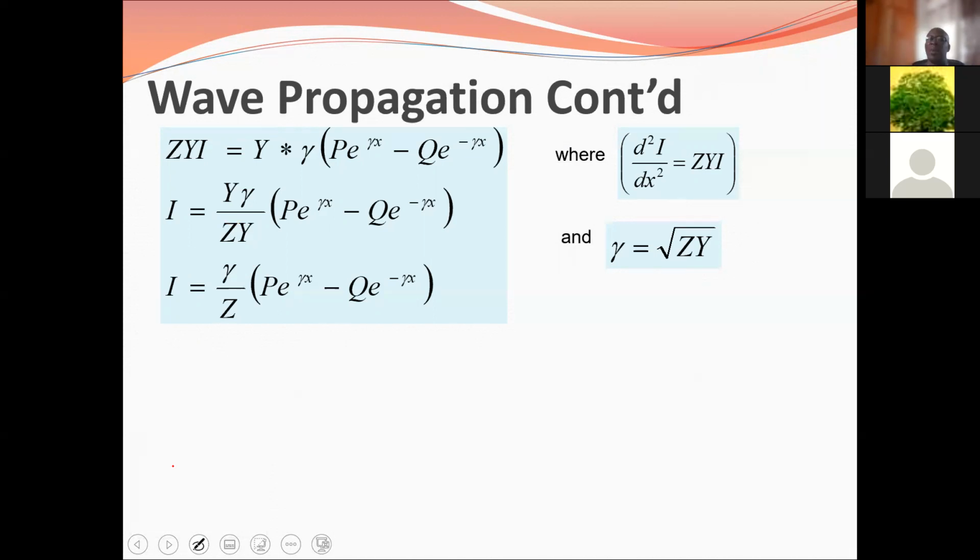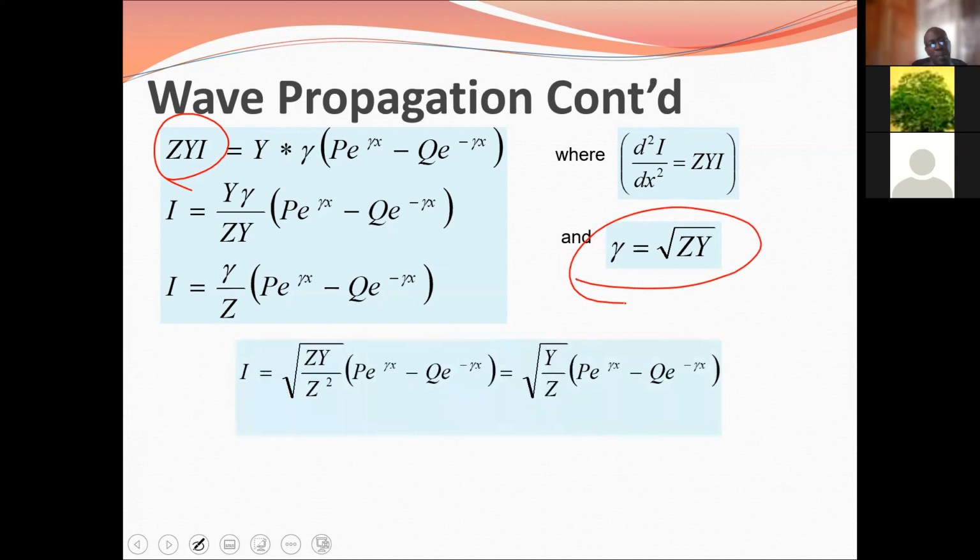And the d2I/dx2, which we indicated earlier, was equal to zy, which is what we have here. So it's just a double substitution we're making. We make that substitution and then we are going to substitute for gamma. So when I put the z within the square root sign, it becomes z squared.